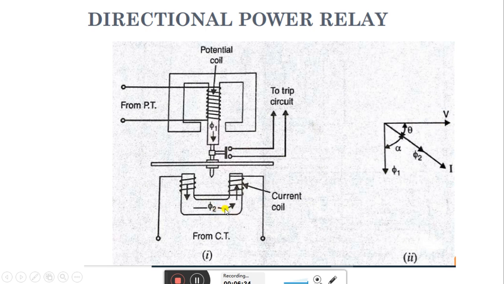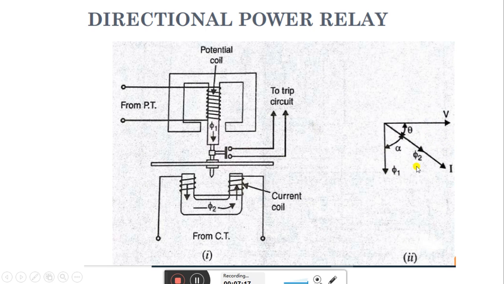The phi 2 flux is produced by the current flowing through the current coil, which is connected across the CT, the current transformer. So phi 2 is in phase with the current I. The phase difference between the two fluxes, phi 1 and phi 2, is denoted by the angle alpha, and the phase difference between the voltage and current is given by the angle theta.